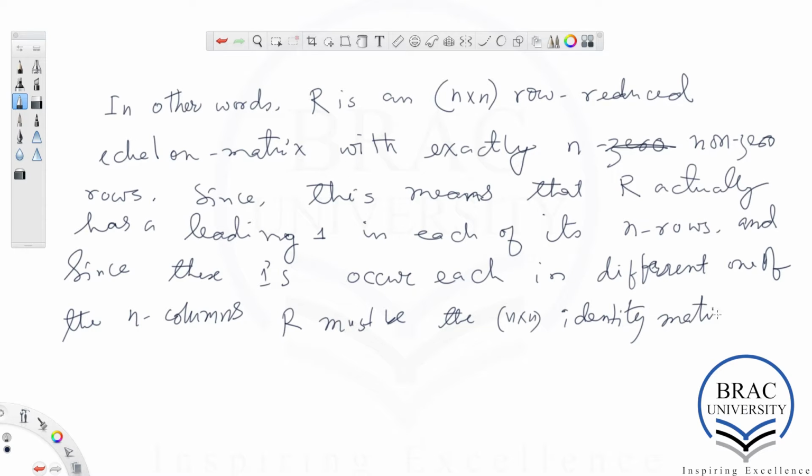So you want to construct an n times n row reduced echelon matrix with n non-zero rows. The only way you can achieve it is by putting the ones along the main diagonal.